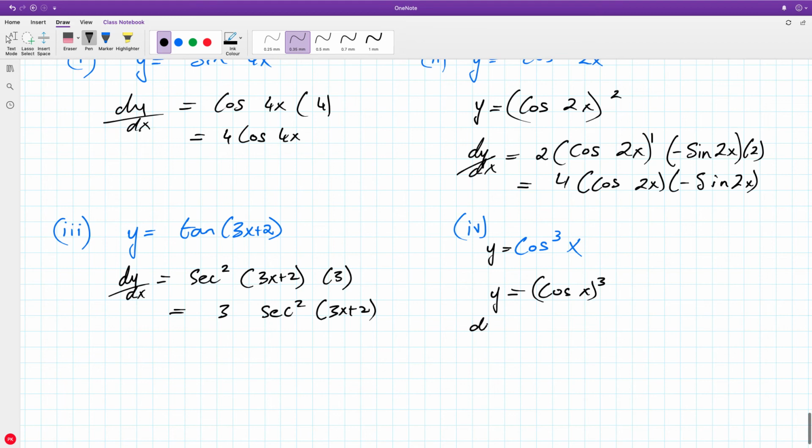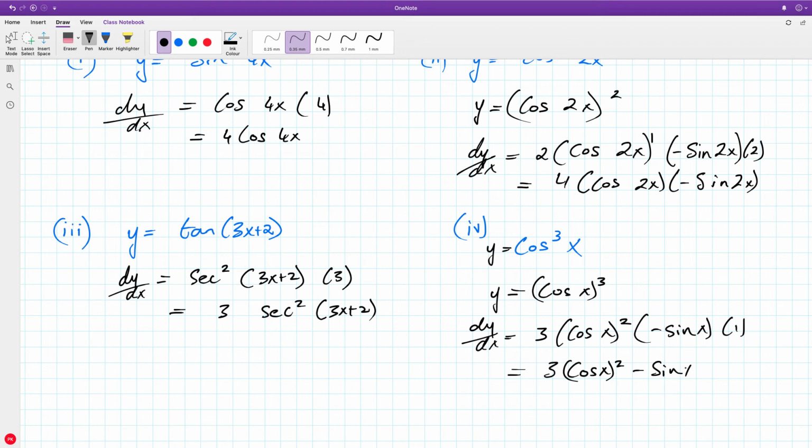So dy dx is equal to, bring down the power, 3 times the cos of x squared, differentiate cos, and you get minus the sine of x, differentiate x, and you just get 1. So that's 3 times the cos of x squared, times minus the sine of x.